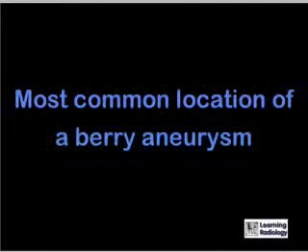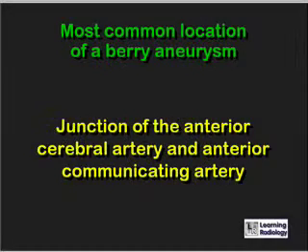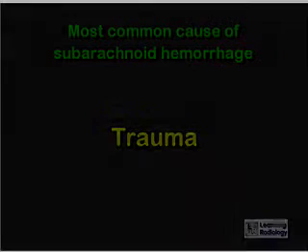What is the most common location of a berry aneurysm? The junction of the anterior cerebral artery and the anterior communicating artery. What is the most common cause of subarachnoid hemorrhage? Trauma.